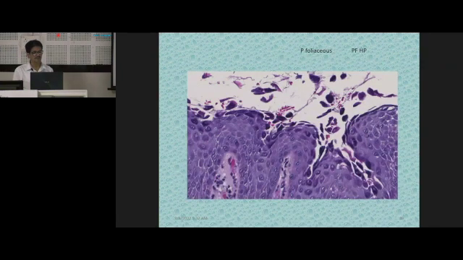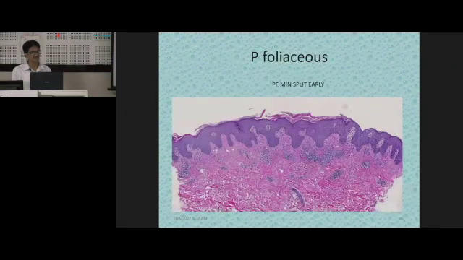You can now find here the subcorneal location. You can see the acantholytic cells. Pemphigus foliaceus, again, there is minimal split. This is the early case of pemphigus foliaceus.